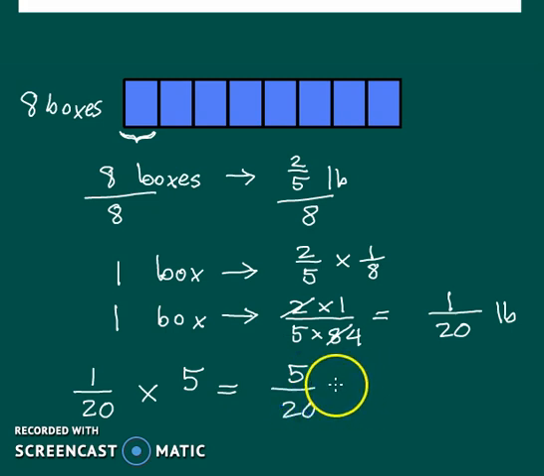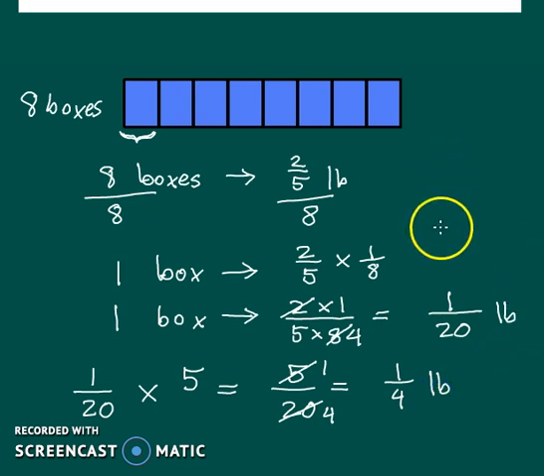And I can simplify this. Because 20 is divisible by 5, I'll divide the numerator by 5. I will get 1 when I divide the numerator by 5, and when I divide 20 by 5, I will get 4. So the answer is 1/4 of a pound.